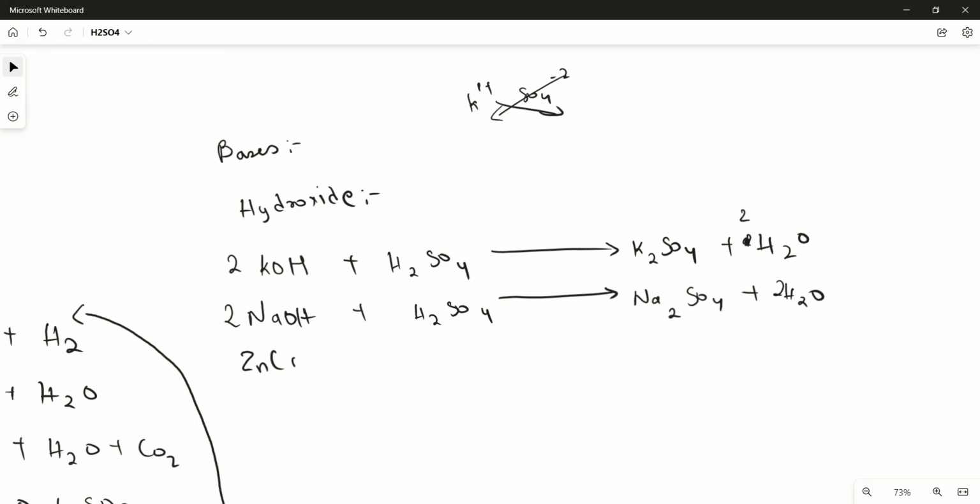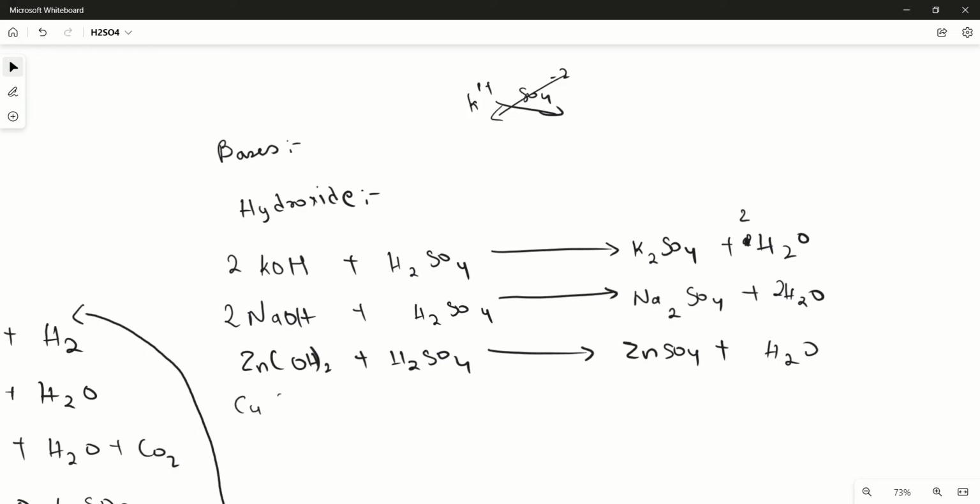Zinc hydroxide plus H2SO4 gives us Zn2SO4. No, zinc is 2, right? Yeah, zinc's 2. So ZnSO4 plus H2O. No, it's balanced. This is the reaction.